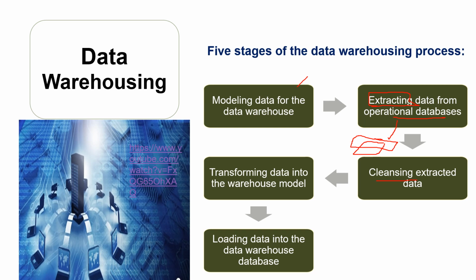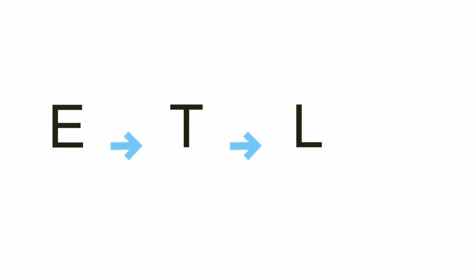After we clean the data, we transform it into the warehouse model, which we build based on the schema from the data modeling stage. Then we load this data into the data warehouse database, ready for OLAP, data analytics, or what we also call data mining.